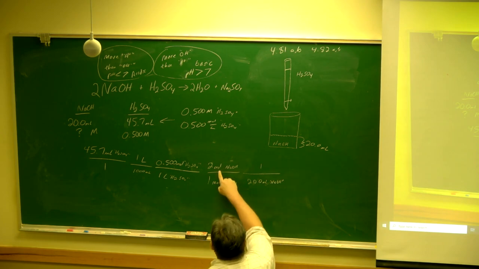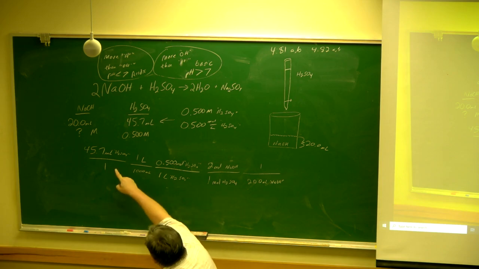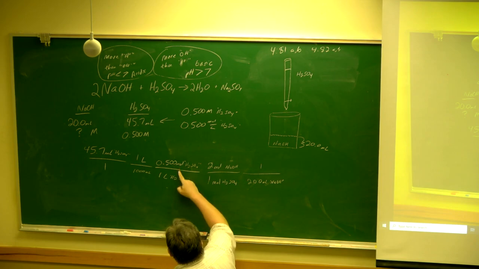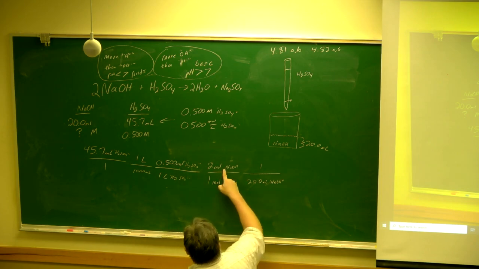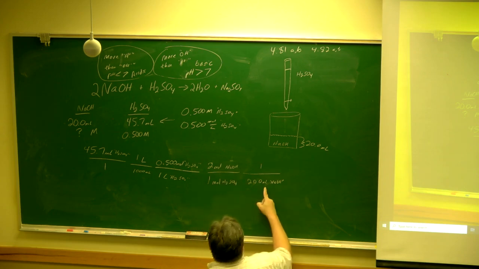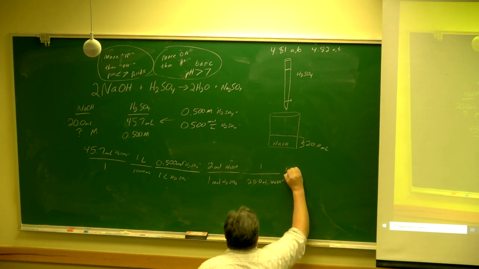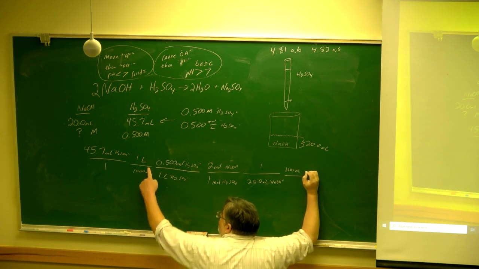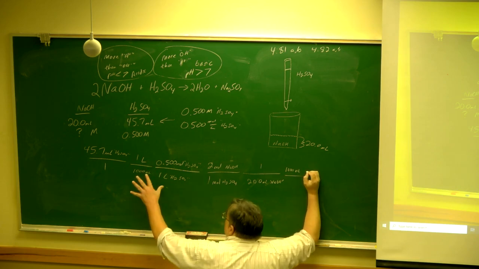Moles of NaOH. So milliliters cancels, liters cancels, moles cancels. This will not cancel, and I just need to turn that into liters. I could have H2SO4 here and H2SO4 here. I just left the label off.